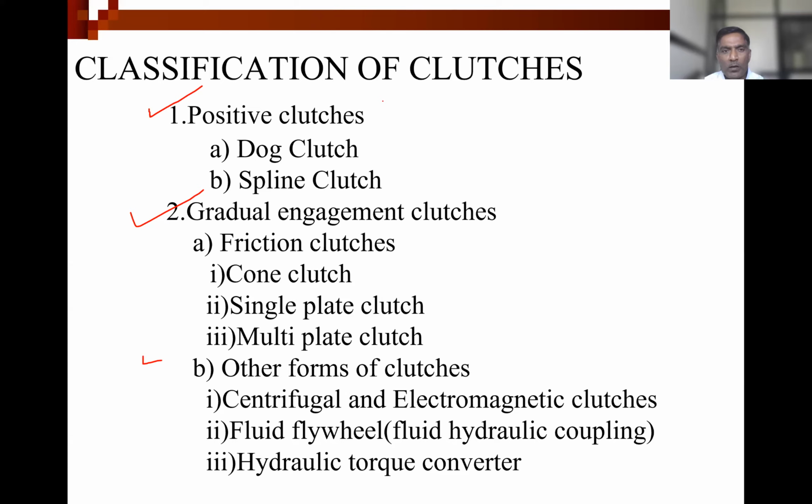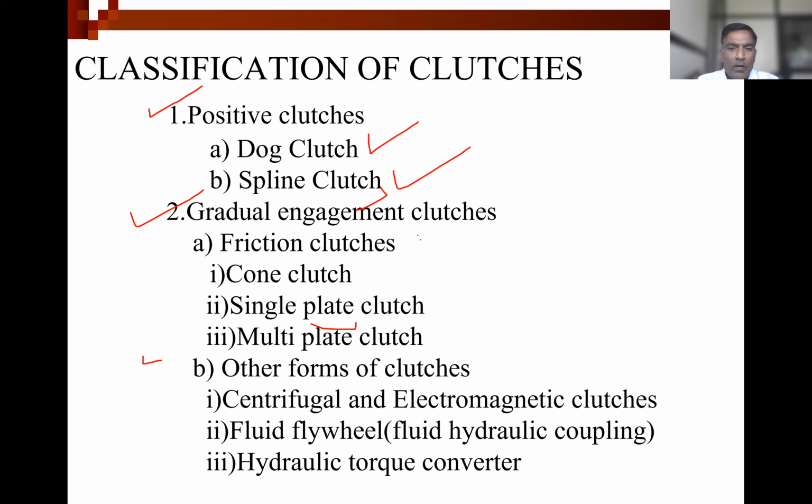What is the first one? Positive clutches. And what is the second one? Gradual engagement clutches. Positive clutches consist of dog clutch and spline clutch. We are going to see their images.